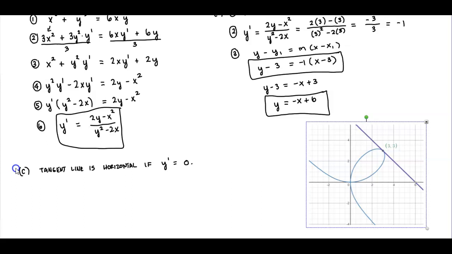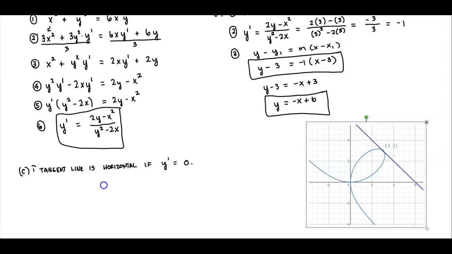Okay, so we're going to use the expression from part A, and we see that y prime is going to equal 0 when 2y minus x squared is equal to 0.